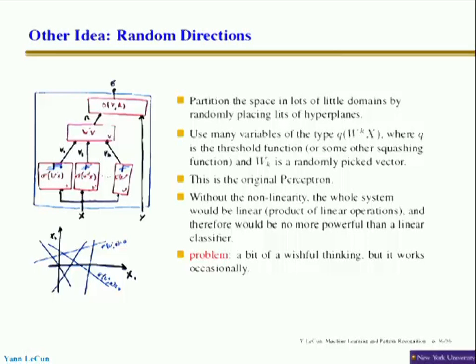Then you multiply this by the weight vector to get the dot product. And so the overall operation is the product of a matrix by a vector, transposed. And that's a vector. The product of linear operations is still linear. So you haven't done anything by adding another layer. It's just another linear operation that just consumes a huge amount of computation for nothing. So it has to be nonlinear.